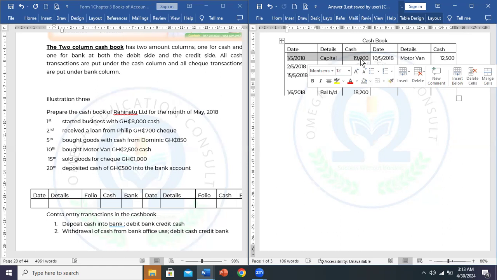Can you name them for me? Okay, let me assist you by giving you the first one. The first one is the sales ledger. So continue the rest.